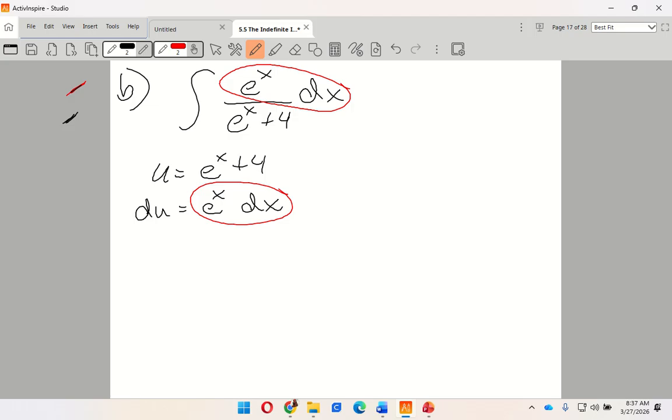So I'm left with the integral of 1 over u du. Pretty easy. Okay, so take the integral. That's going to give me ln absolute value of u plus c. So I get ln absolute value of e to the x plus 4 plus c.